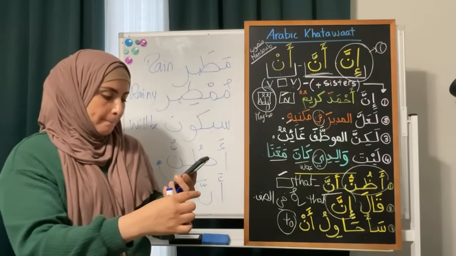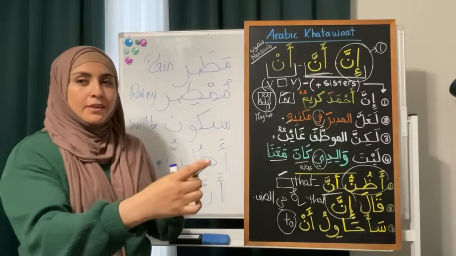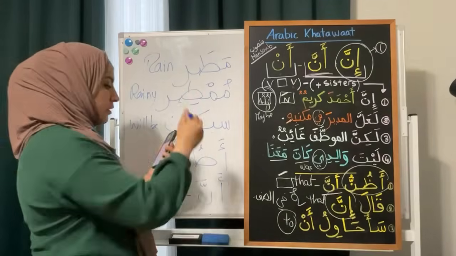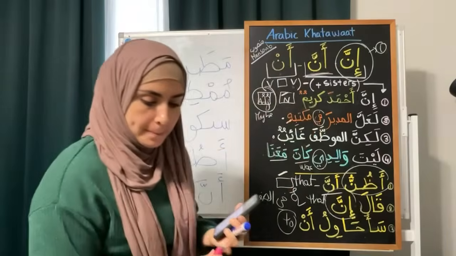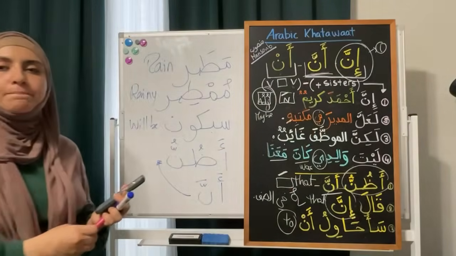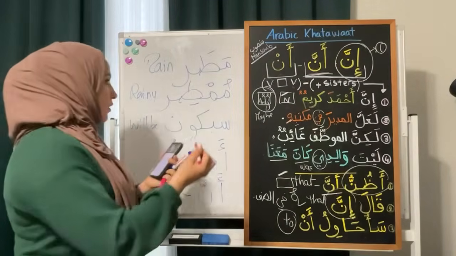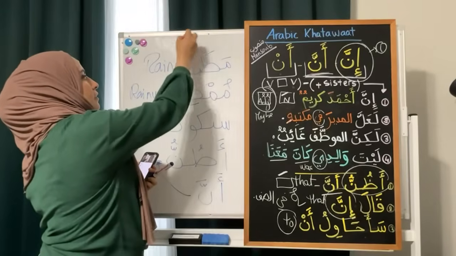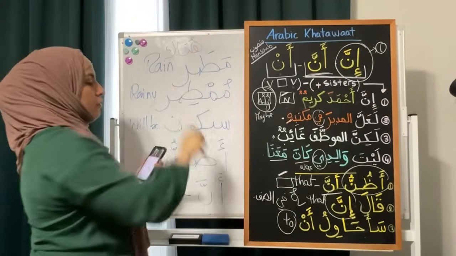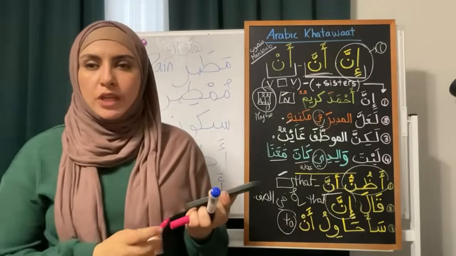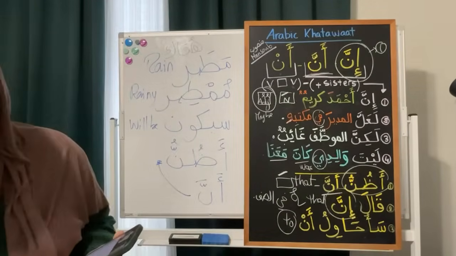How do we say there is? We add it to our list. أظن أن هناك. I'm not sure you can see this, but هاء نون ألف كاف. هناك.